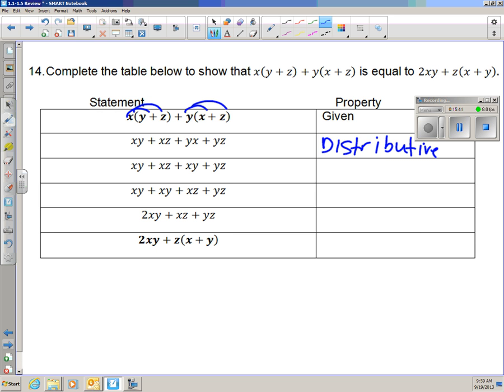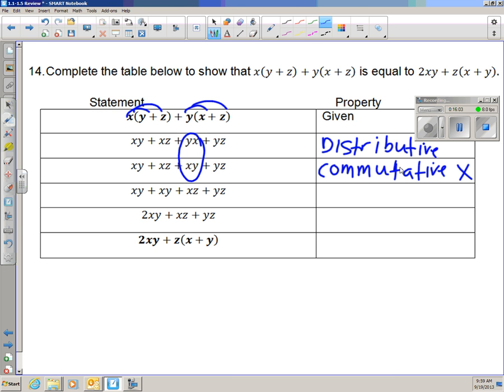Then somehow we've got xy plus xz plus xy plus yz. So here, we just kind of changed the order. So we did the commutative property. We actually did the commutative property of multiplication in case you're interested.